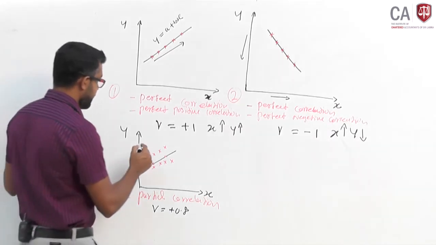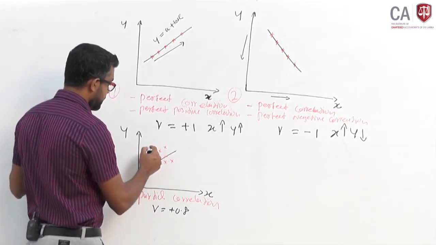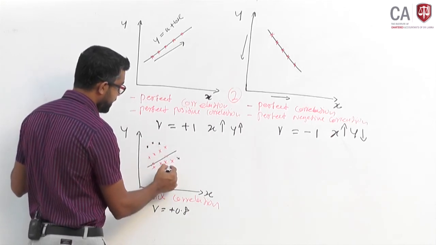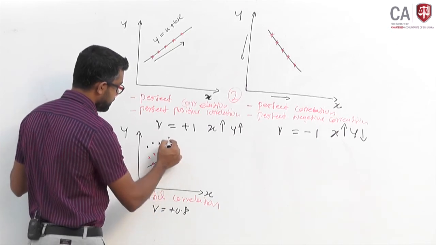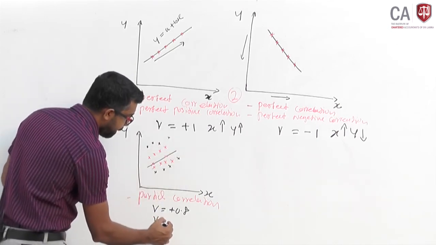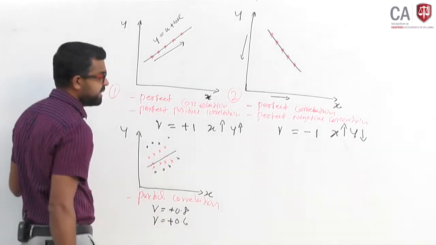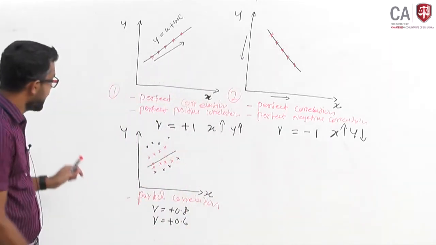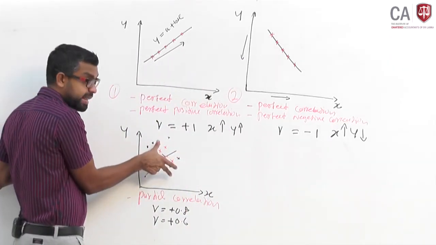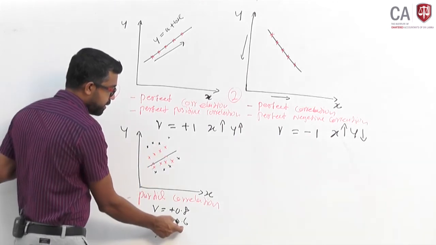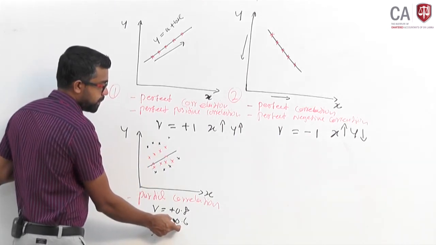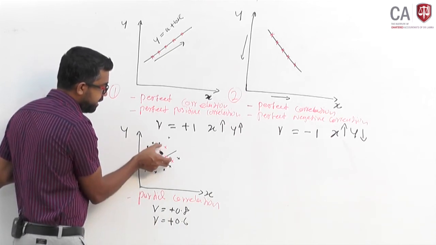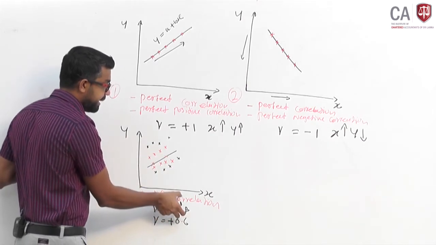But let's say variables are far from this line, like this, then r may be 0.6, not close to this line. Taking the black dots, they are far from the line, which means the correlation is lower, about 0.6. But these red dots near the line are close to 0.8.